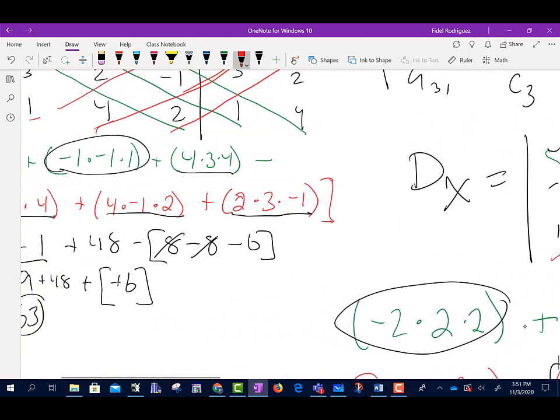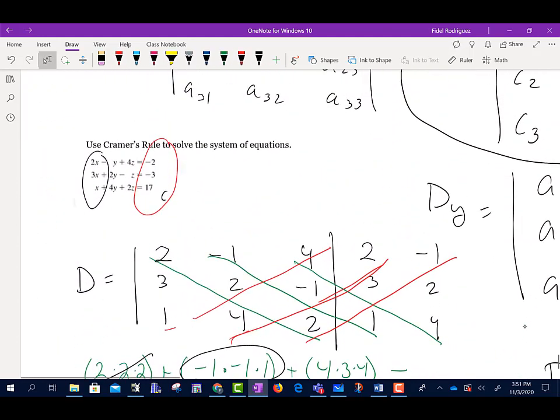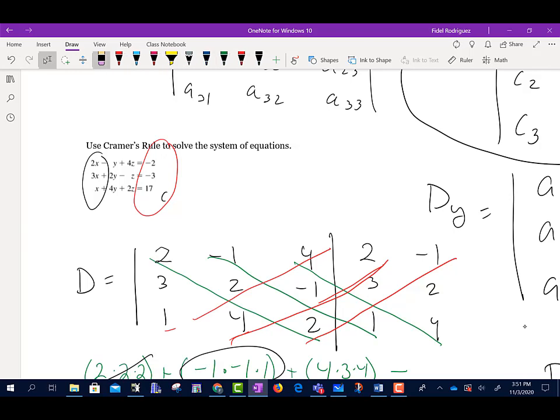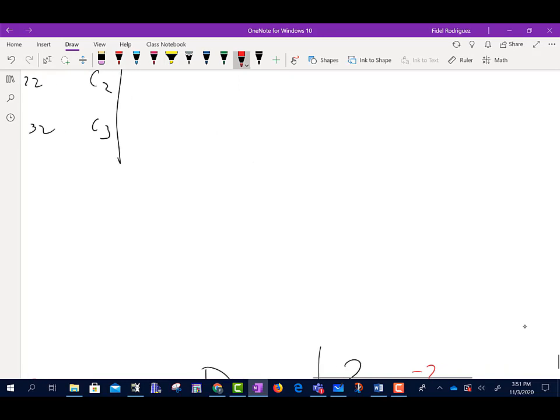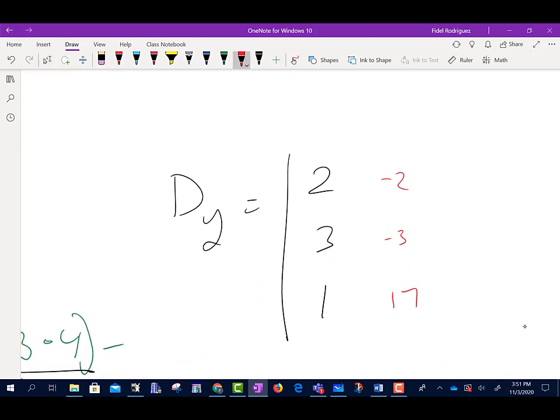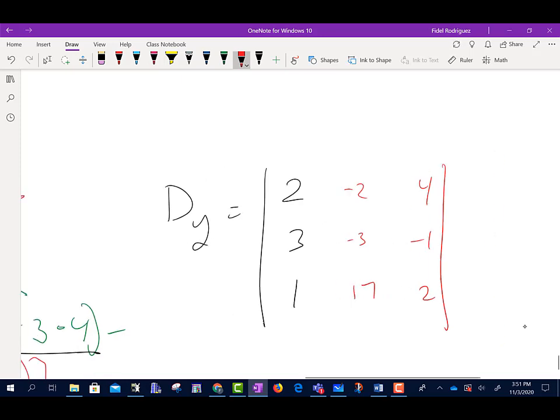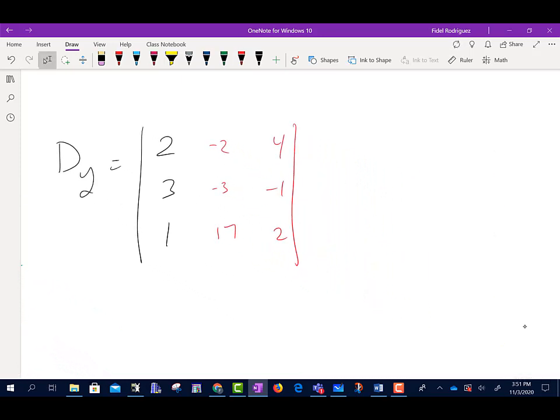And my z values stay the same, which are 4, -1, and 2. All right. So remember, my first step is 2, 3, 1, -2, -3, and 17.